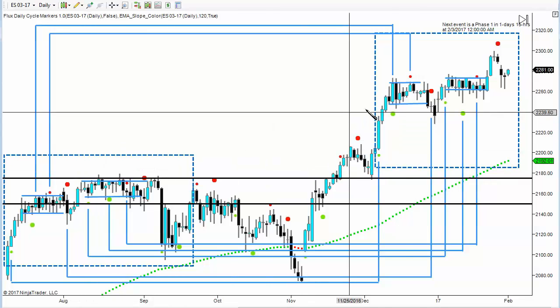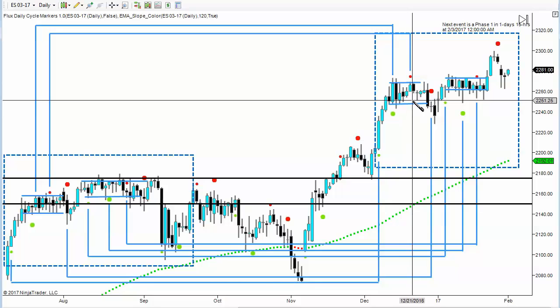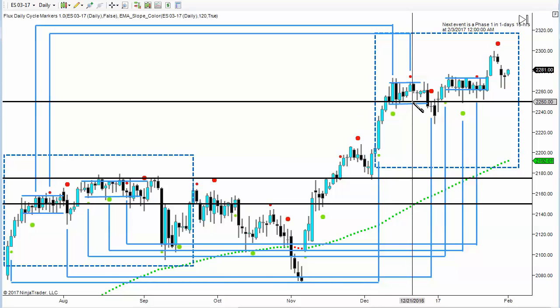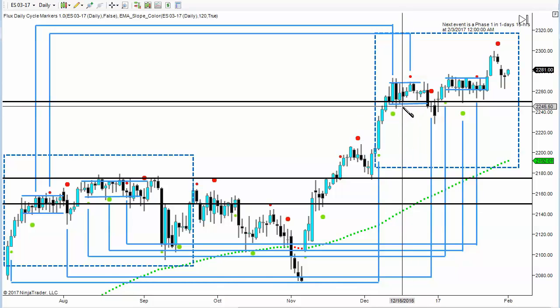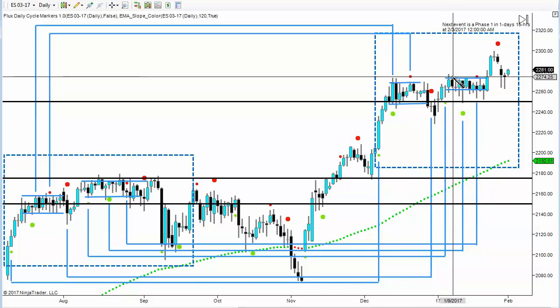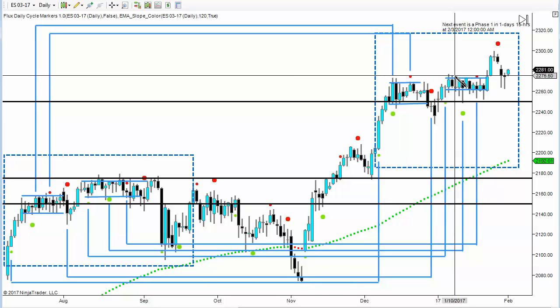Now, watch up here. In the echo, the first consolidation phase is at 22.50. The second consolidation phase is at 22.75. Is that a coincidence? Maybe. Or maybe not. Maybe this is the play that the banks run when we're forming an all-time high.